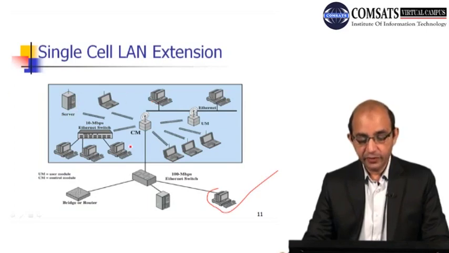right? And then we have another infrastructure where we have user modules and control modules, right? And this is the backbone that is actually providing higher speed data access or data services for this network.